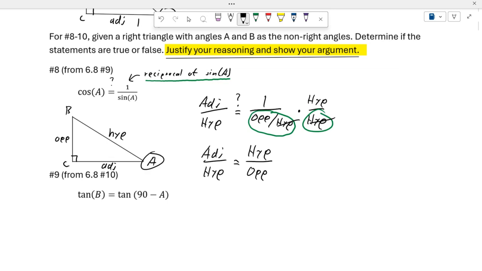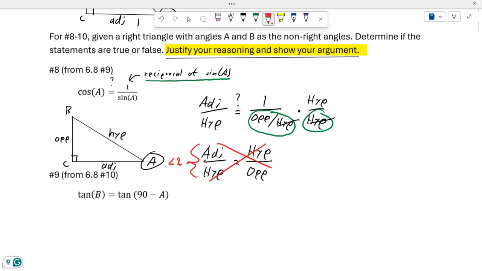Now we've got this statement saying that adjacent over hypotenuse equals hypotenuse over opposite. And that doesn't really make sense. There's a lot of problems with this. First of all, the hypotenuse is the longest side, so adjacent over hypotenuse is less than 1, because the numerator is smaller than the denominator.